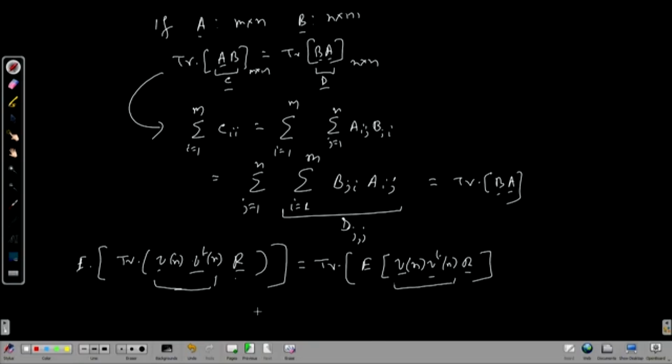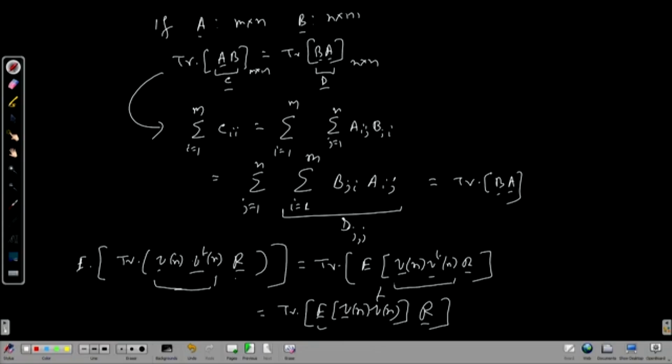So, it will be nothing but trace of E working on this part or outside, all right. What is V n? V n V transpose n expectation is the autocorrelation matrix of V n.